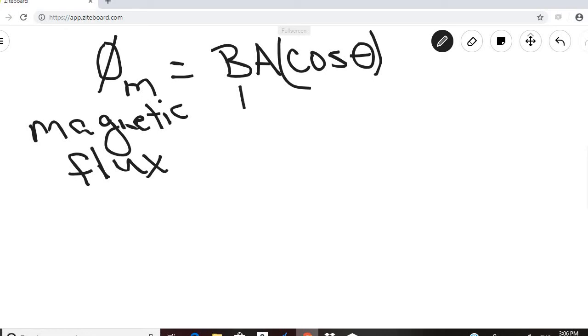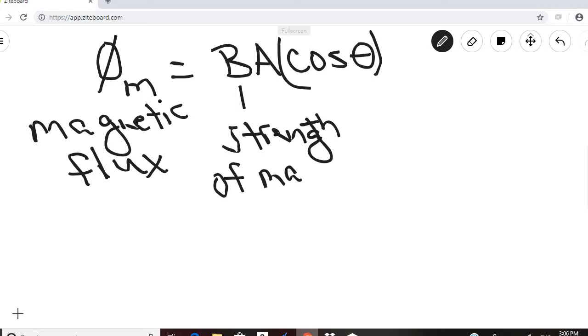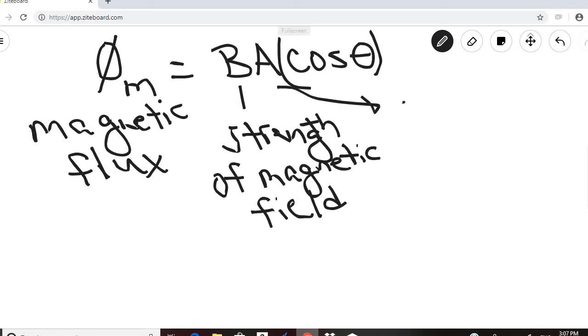The B stands for the strength of the magnetic field. And A stands for the area that is enclosed in the loop.